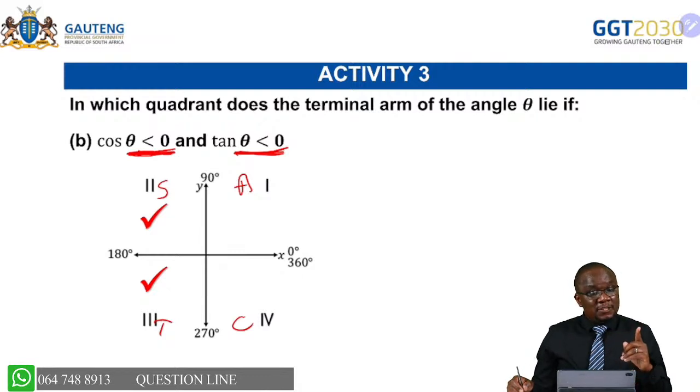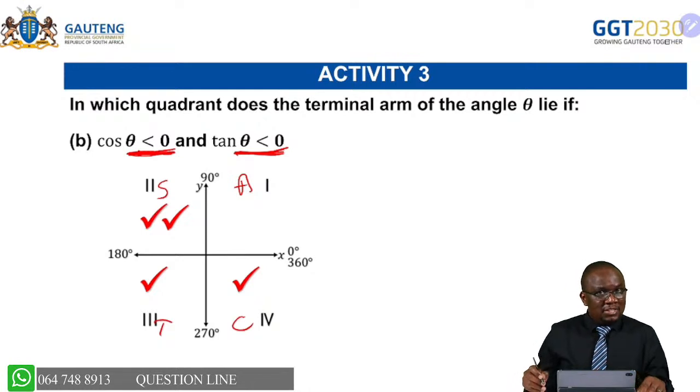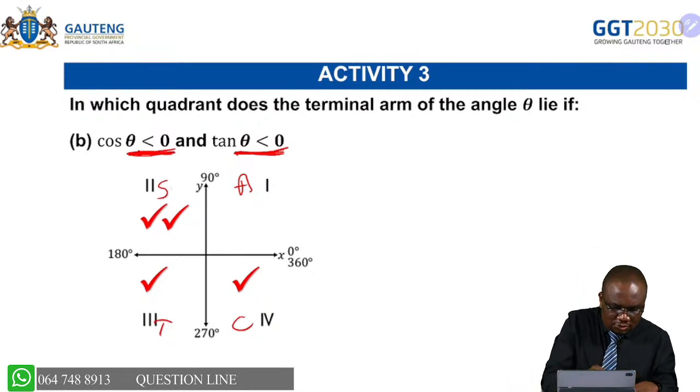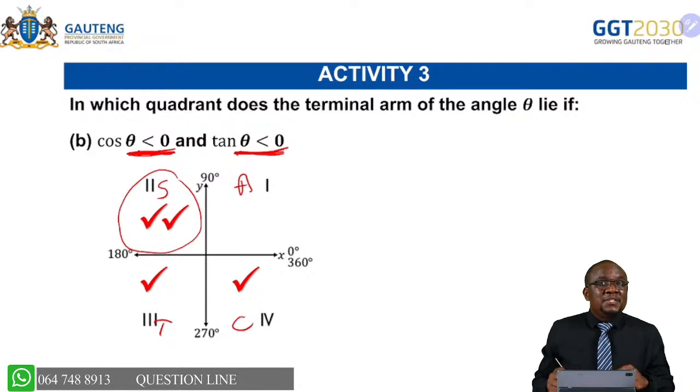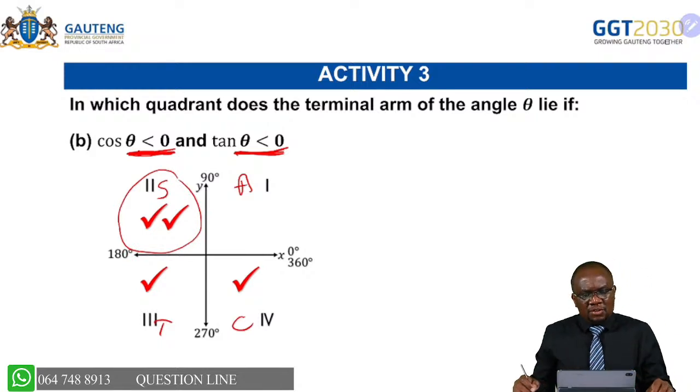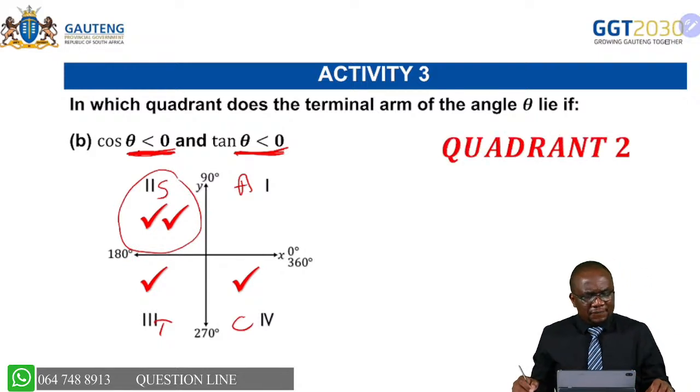So it means tan theta is negative in quadrant 2 and 4. So I tick that. So which quadrant meets the 2 conditions where cos theta is negative and tan theta is negative? It is quadrant 2. You can see with 2 ticks there, it means that the 2 conditions are met there. So that's quadrant 2. Okay?